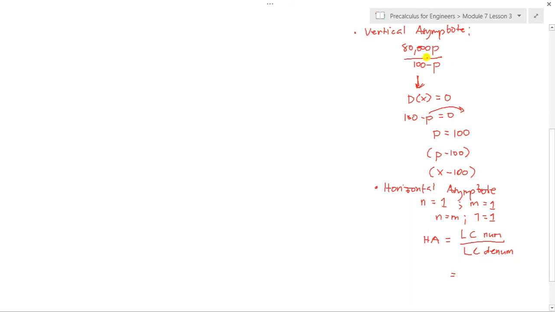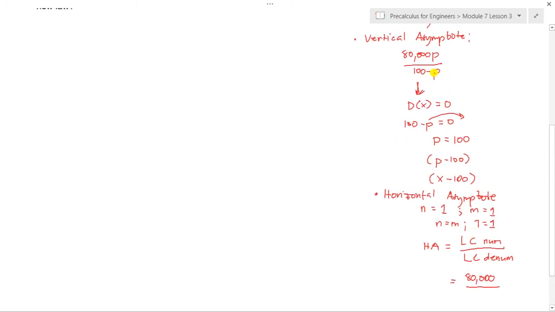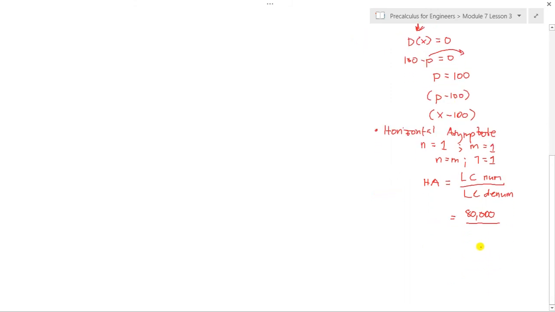That is 80,000, right? Kaya siya may tapad ni P. This one is 80,000. And then divided by the leading coefficient on the denominator. So that is negative 1. Kaya mo may tapad ni P. So that is negative 1. So therefore, our horizontal asymptote is negative 80,000.